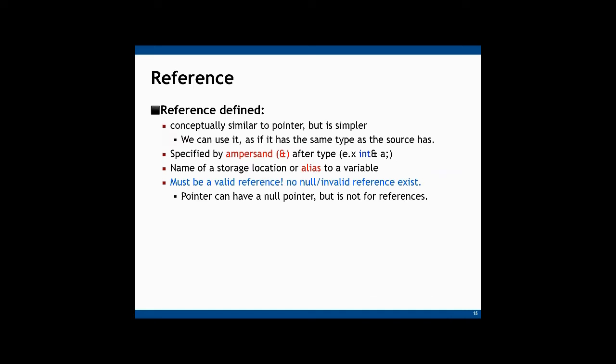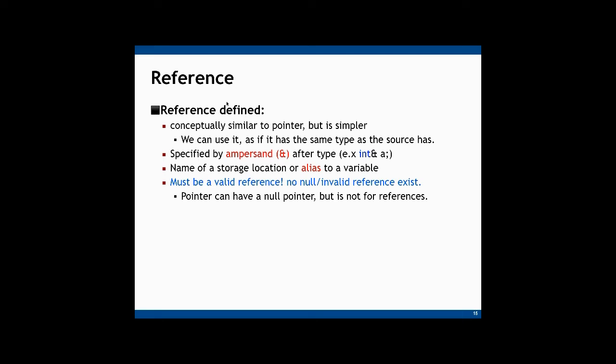So I think that's enough for the pointers. Let's talk about the reference. We have already learned about references briefly when we were talking about call by reference in function calls. In C++, for call by reference, we can use both references and pointers. And references are newly introduced in C++. C does not have reference types.